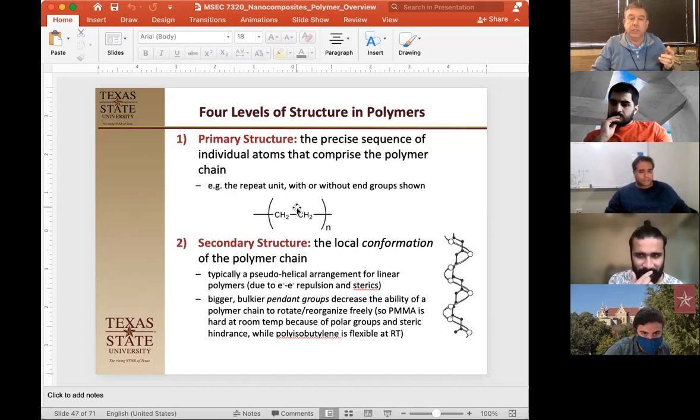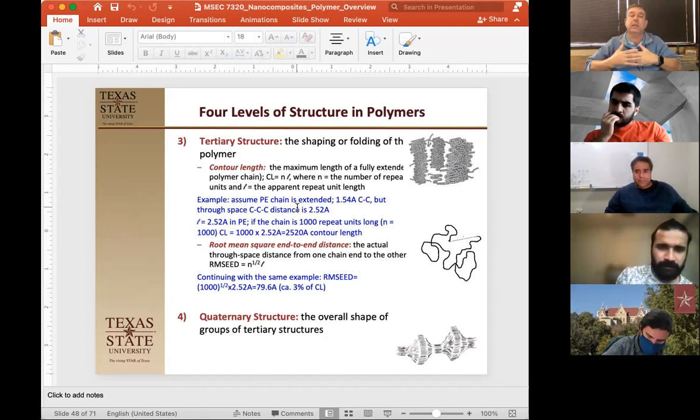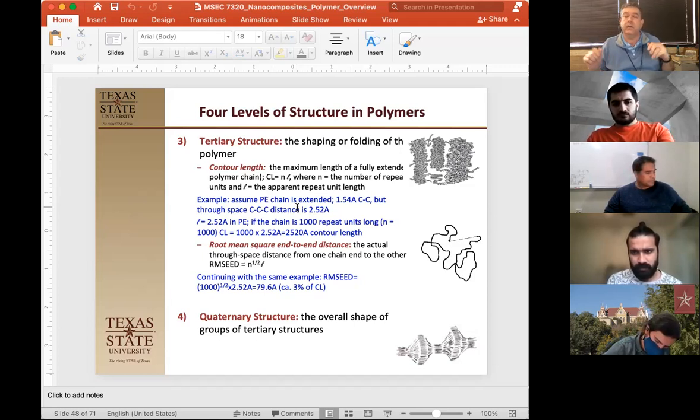But then we have a tertiary structure, is when they start folding on top of each other. Can they crystallize? This happens particularly during crystallization. And the size of the crystal depends on whether or not you have a very flexible unit in your backbone. Let's say you have an ether in your backbone.